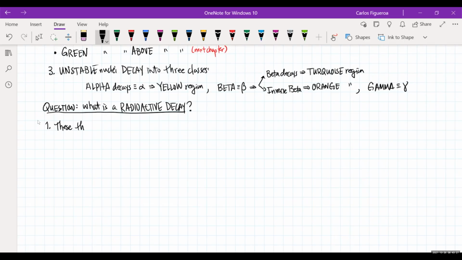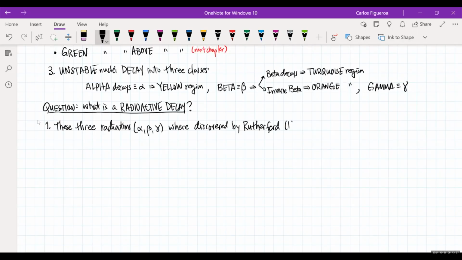These three radiations, and this would be alpha, beta, gamma, were discovered by Rutherford himself. Can't misspell Rutherford's name.